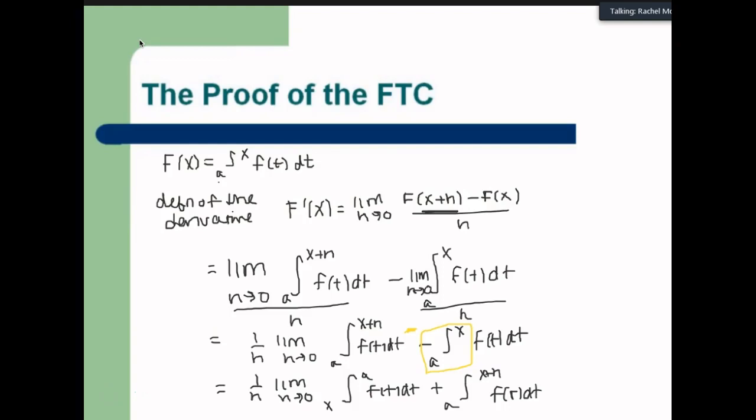So now my upper and lower match, which means I can really write this as one integral from x to x plus h.